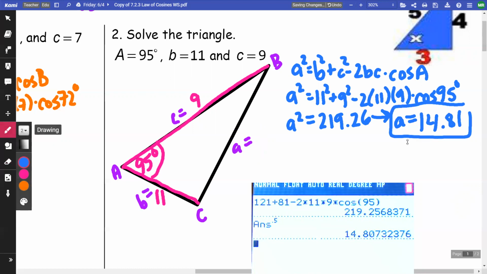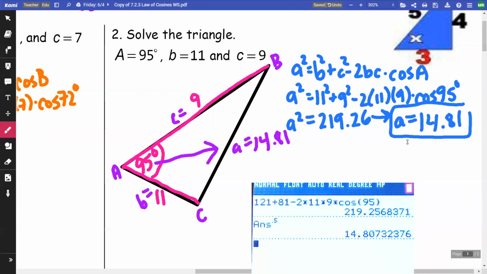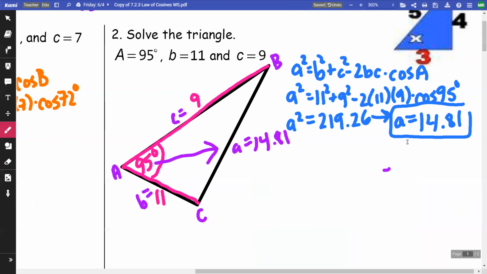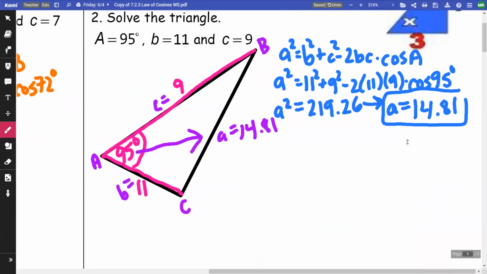So now I know this side right here is 14.81. At this point, I actually have an angle and the side opposite it, which means I can use law of sines. So I'm going to use law of sines to find angle B next.